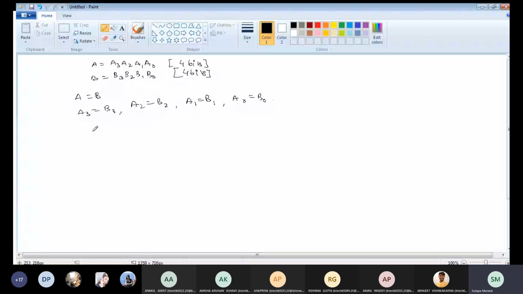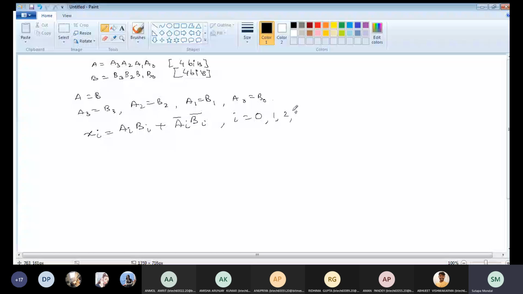Let us suppose the number Xi is equal to Ai Bi plus Ai bar Bi bar. And what is this i? It goes from 0, 1, 2, 3, and so on.